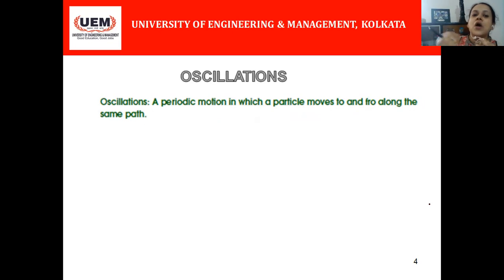So in oscillatory motion, your particle is moving to and fro along the same path. So every oscillatory motion is a periodic motion, but every periodic motion is not an oscillatory motion, because in every periodic motion, the particle in motion is not moving to and fro along the same path.